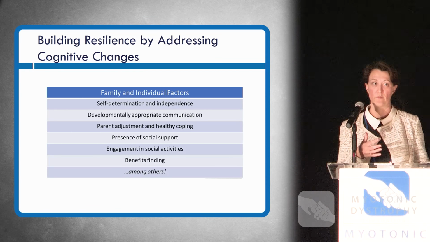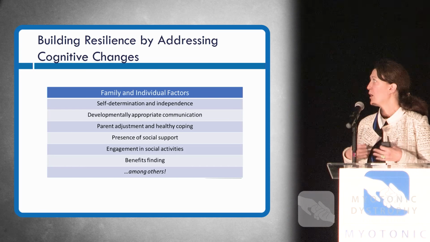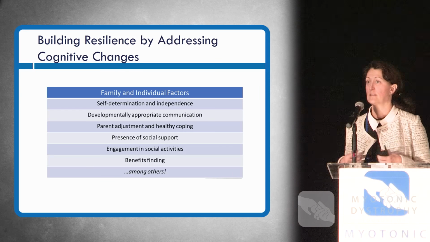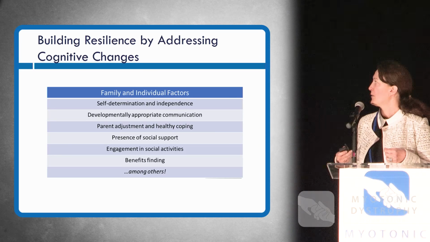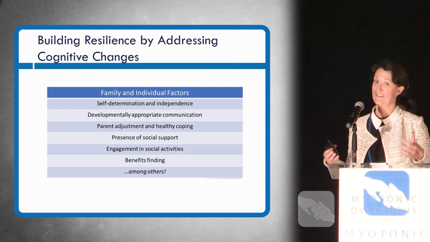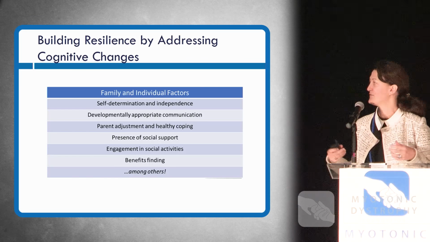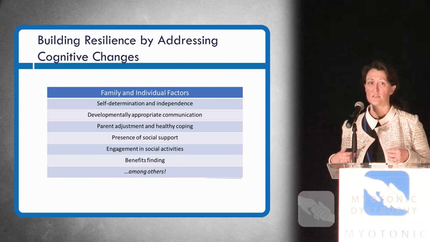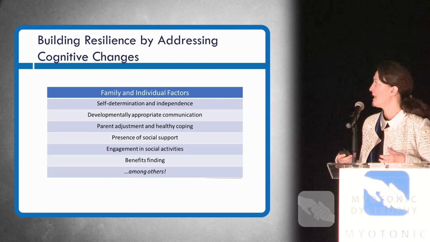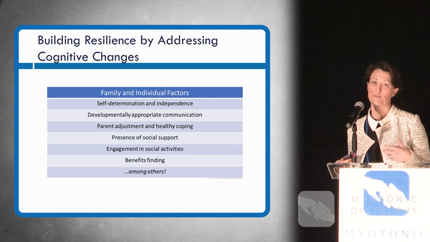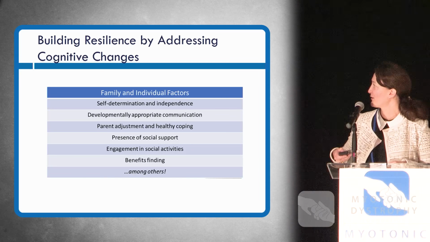So some families here have young children, some have adult children, and so what's appropriate to communicate to your team, and how do you work together? Presence of social support. So again, the team, your healthcare team, your caretaking team, your friends, your extended family. Engaging in social activities can help create and manage cognitive symptoms, and finding benefits in your symptoms and being able to laugh about them, among other things.